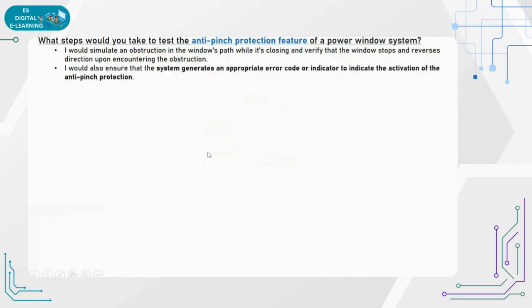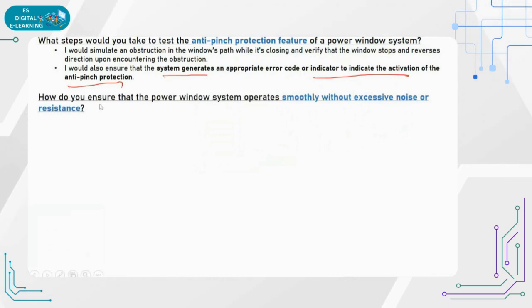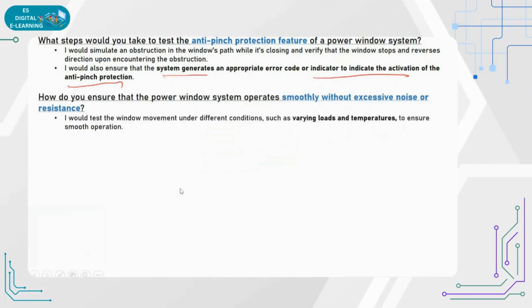I would also ensure that the system generates an appropriate error code and indicator to show the activation of the anti-pinch protection. And how do you ensure that the power window system operates smoothly without excessive noise or resistance? I would test the window movement under different conditions, such as varying the load and temperature.